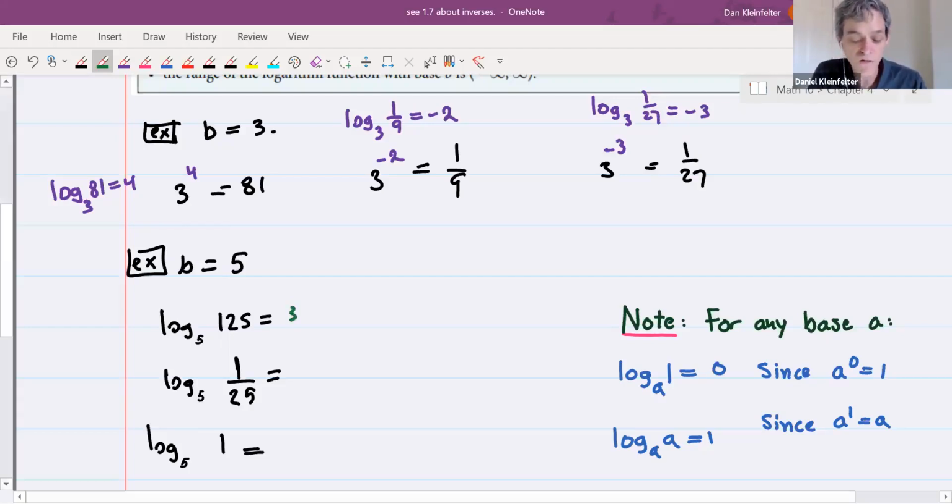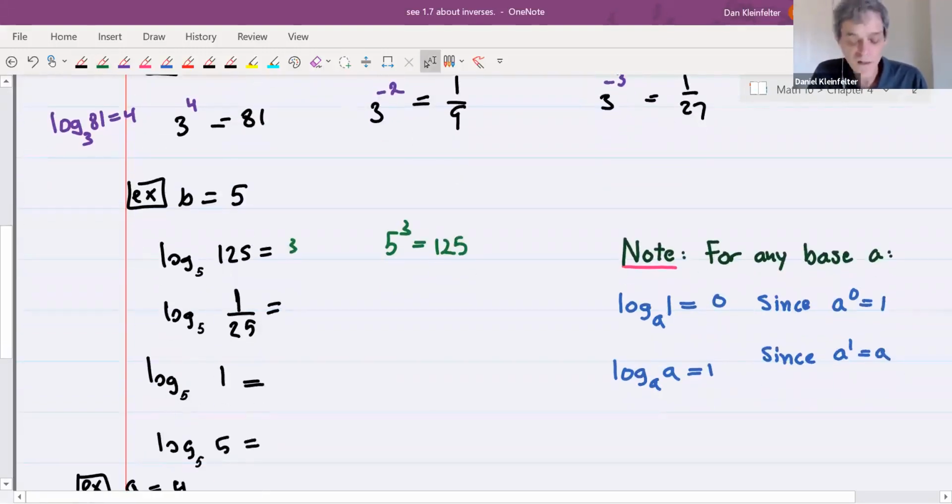So the base 5 logarithm of 125 is going to be 3, because 5 cubed equals 125. Okay, the base 5 logarithm of 1/25. Well, 5 squared is 25. We'd have to put a negative on it to stick it in the denominator, so that would need to be -2. 5 raised to the -2 power is 1/25.